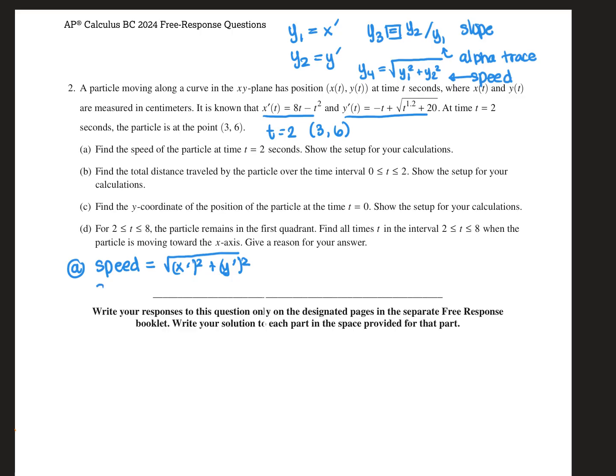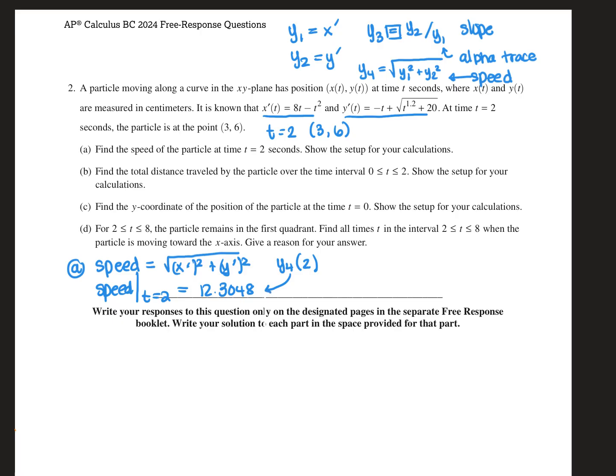So you can either say speed and say that you're evaluating at t equals 2 and then tell you exactly what it's equal to, which is 12.3048. And how we're going to do that in our calculator is you're going to go on your home screen and then you're going to get Y4 by alpha trace, and you're going to put parentheses and put 2, and that will immediately calculate that.